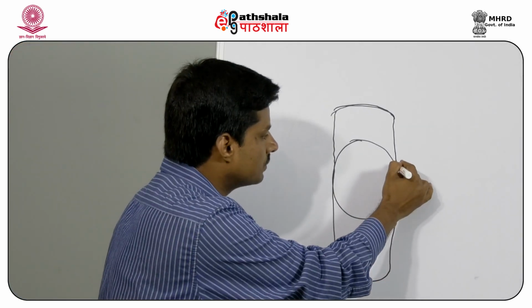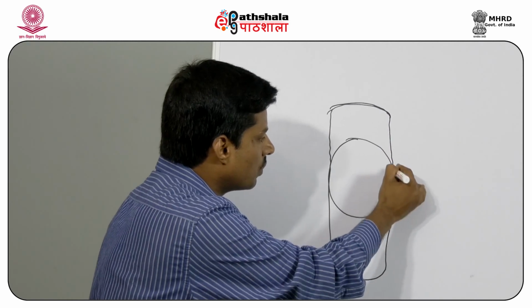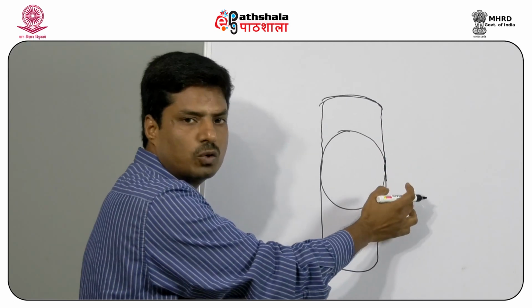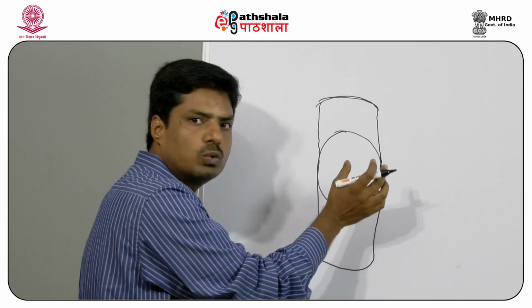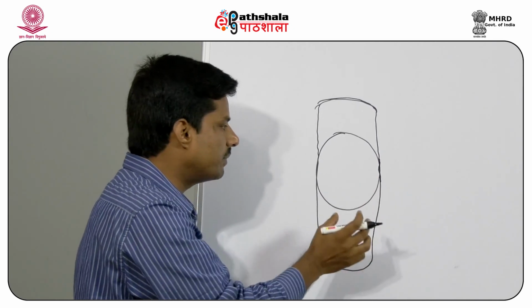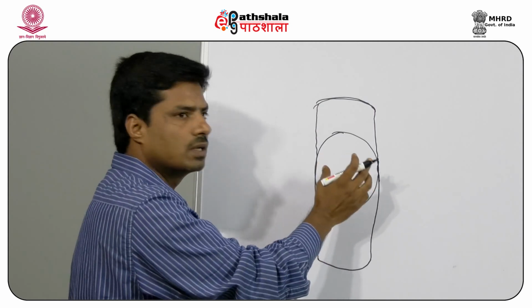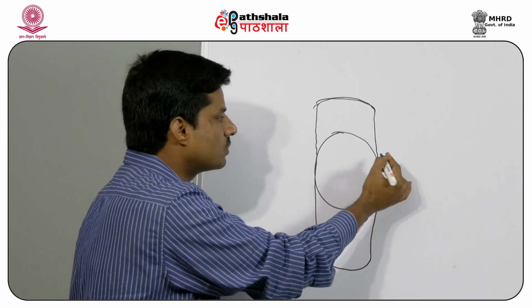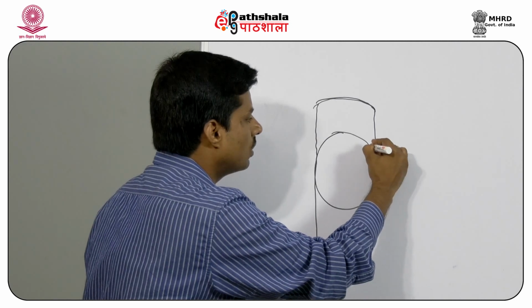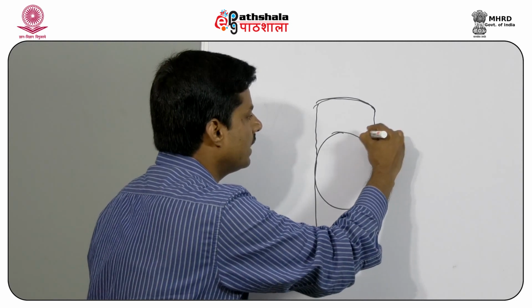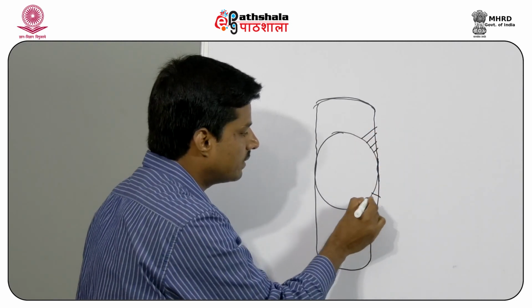The area which is touching this globe will be true to scale, shape and direction, and the area which is further away from this globe will get distorted.